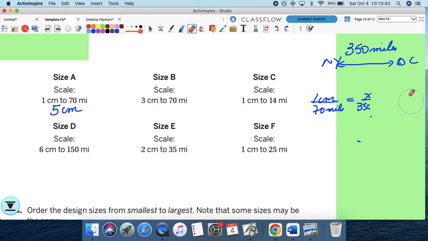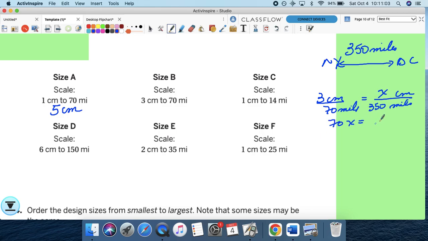All right. Let me try scale B. Scale B says 3 centimeters, 70 miles. Again, centimeters on top, miles at the bottom, and 350 here. Cross multiply, this time we have 70x equals 350 times 3, which is 1050.